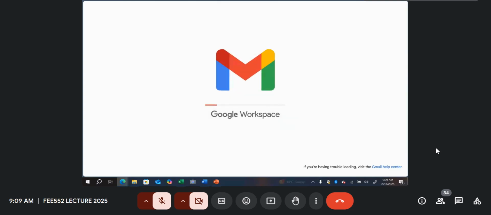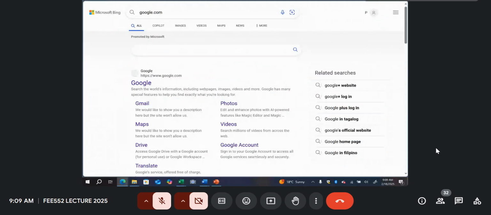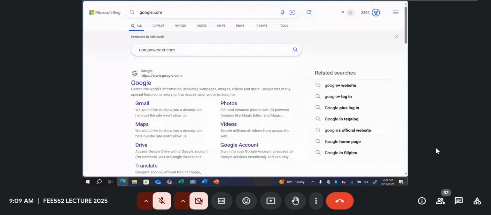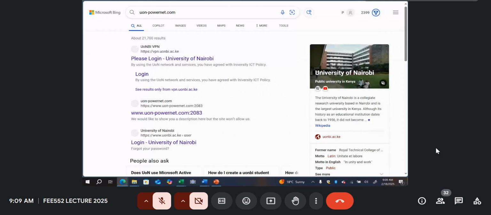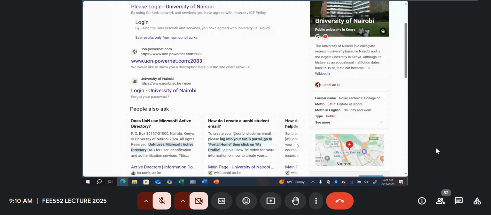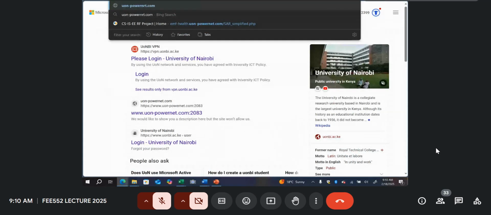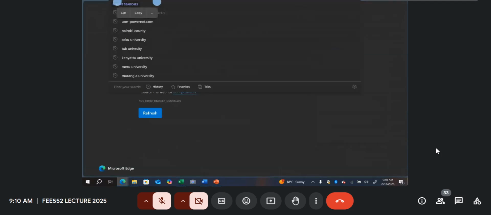Just hold on. Should be unpowernet.com. Oh, I didn't write correctly. UN.